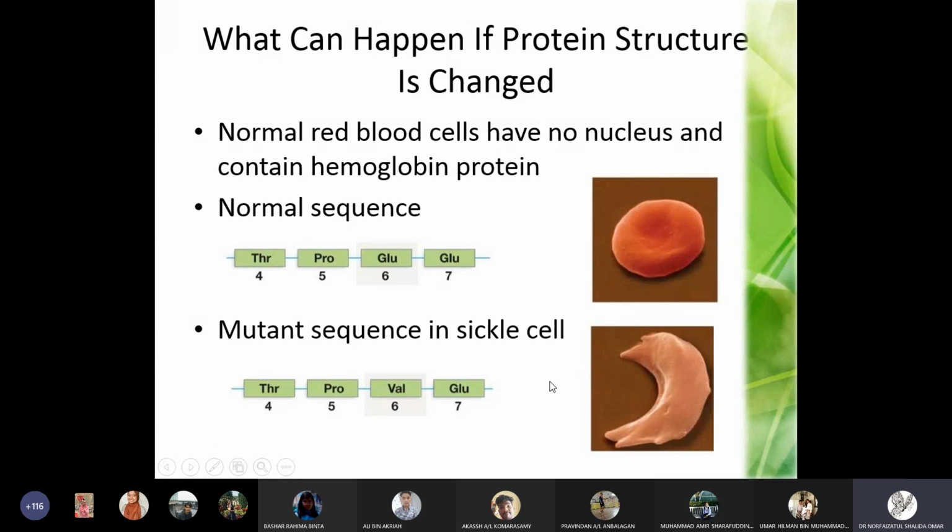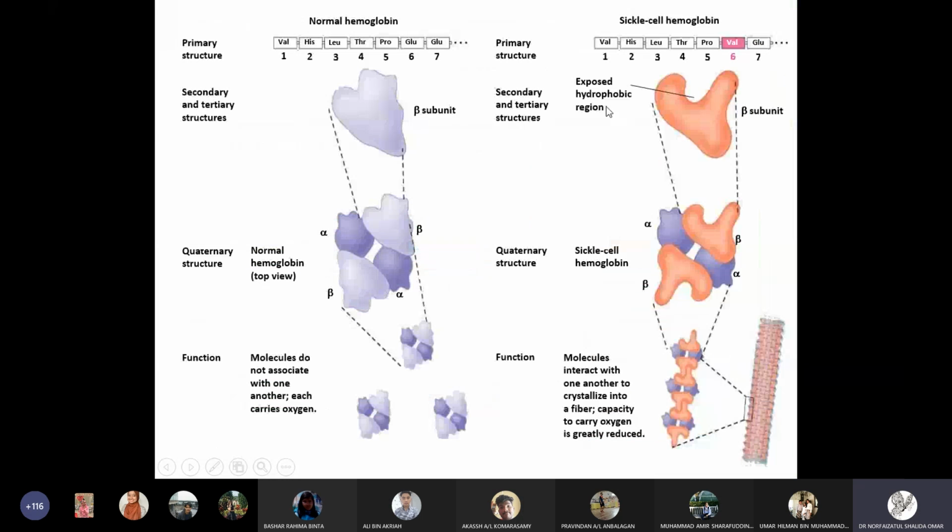What happens in sickle cell anemia is that due to this valine substitution, it causes exposure of the hydrophobic region of the hemoglobin, of this beta subunit of the hemoglobin.